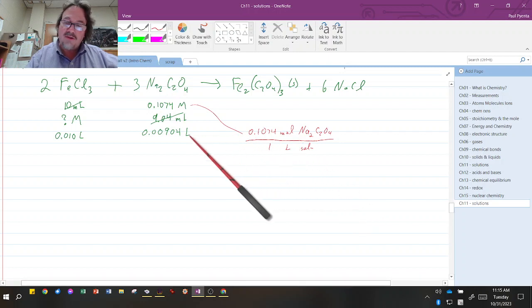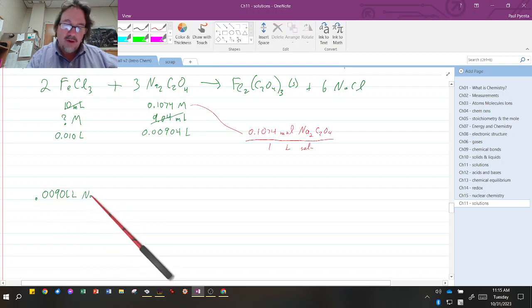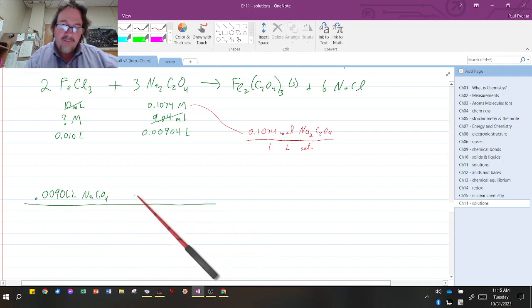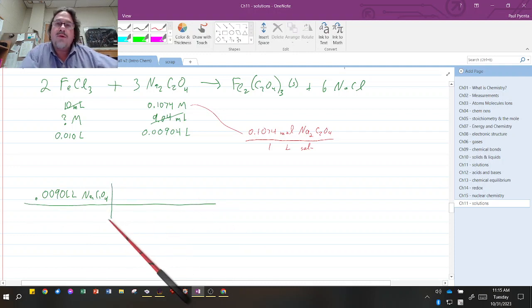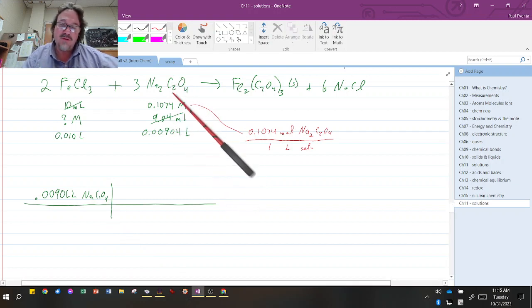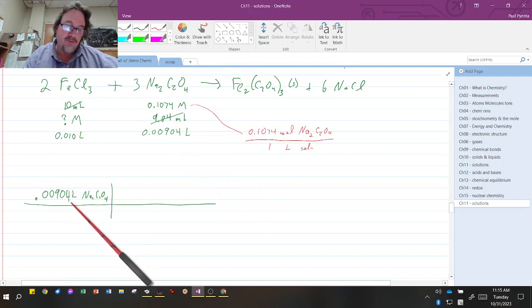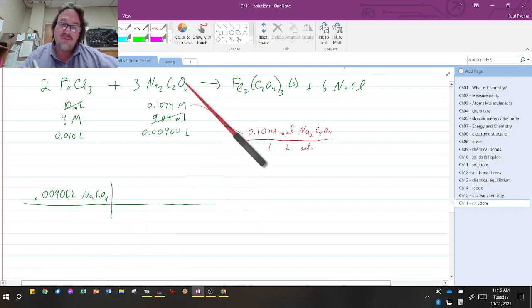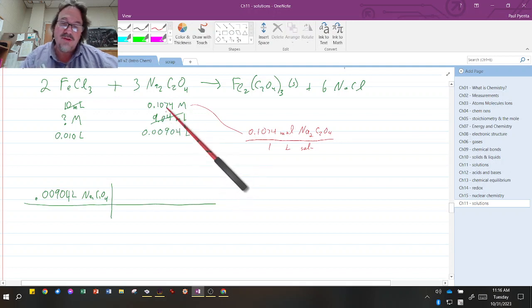And so I started off with 0.00904 liters of my sodium oxalate solution. Okay, in all stoichiometry reactions, the first step is to convert it to moles. And I can do that using the concentration of the solution. Remember, this is 0.00904 liters, referring to my sodium oxalate solution, this guy right here.